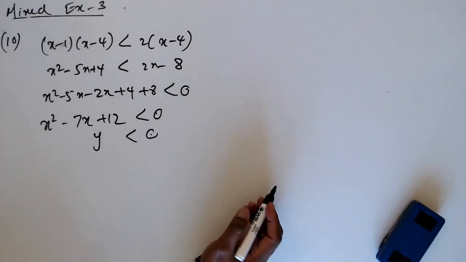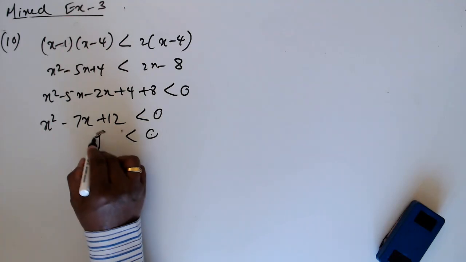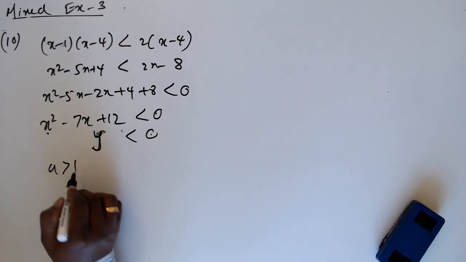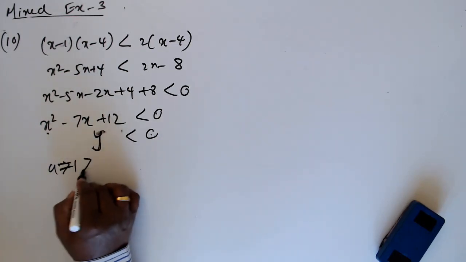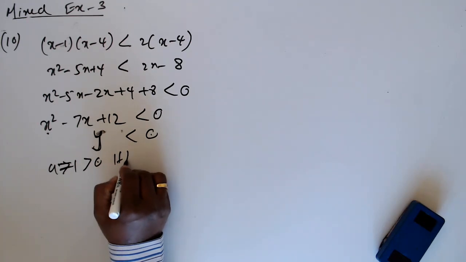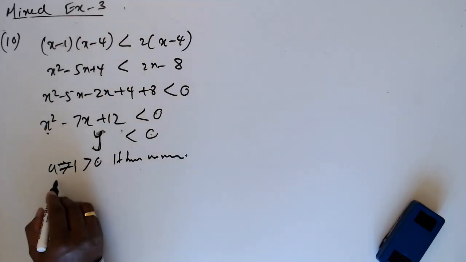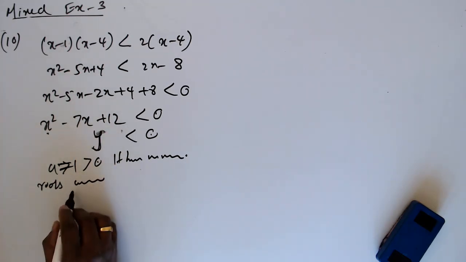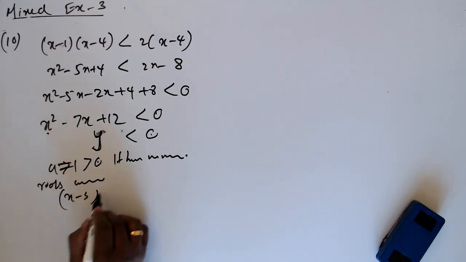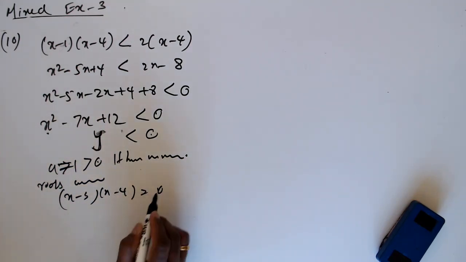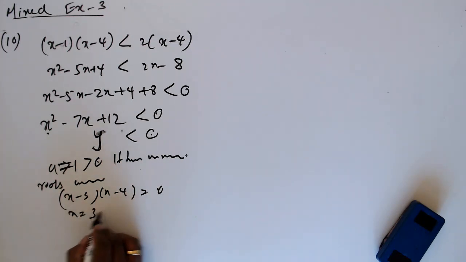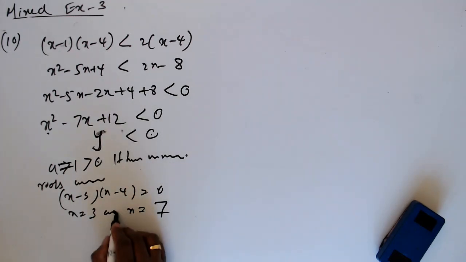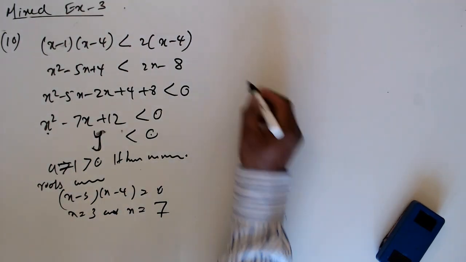Here a equals 1, greater than 0, so it has a minimum, and the roots are x minus 3, x minus 4 equals 0, so x equals 3 or x equals 4. Now this is the graph.